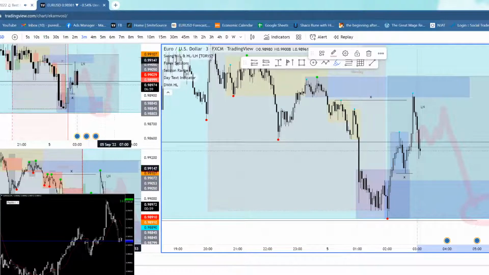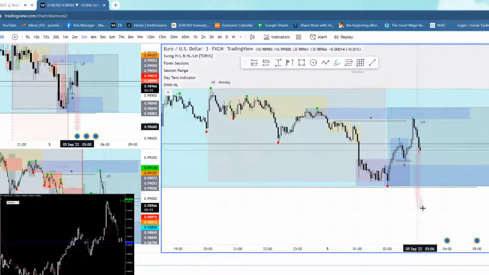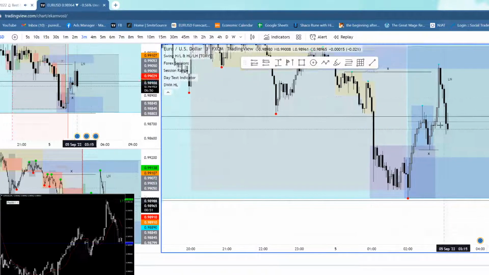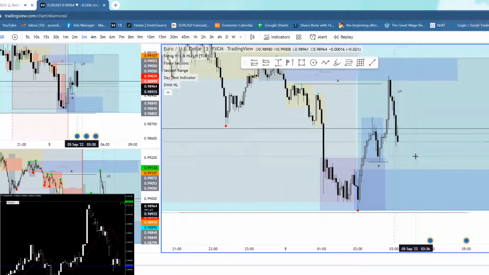So potentially it does go out and go crazy, or it just falls off the earth and just goes crazy on the short. But yeah, I'm almost 100% sure that this is getting broken. So we'll get on a short somewhere around here once it gives us an opportunity.